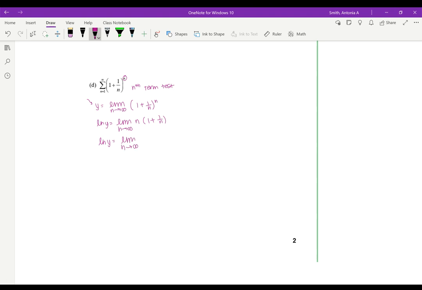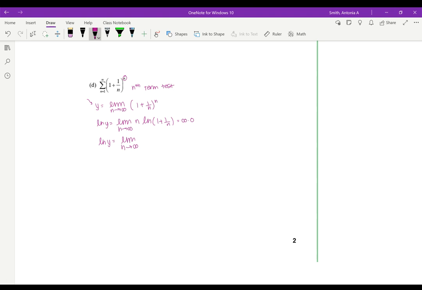I left out my natural log, that's what I did. There we go. I was like, it shouldn't be infinity. If you plug in direct substitution right now, this is infinity, but this is 1 over infinity, which is 0. So it's the natural log of 1, which is 0, which is infinity times 0. That's an indeterminate form.